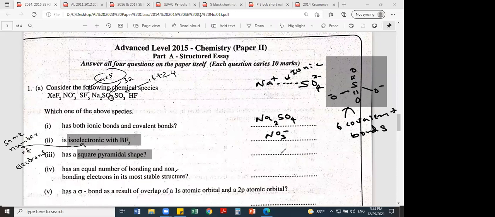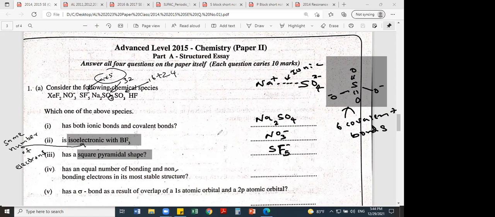Actually, this paper is easy. Remember, the last few years A-level papers are much easier than before 2015. After 2015, inorganic and organic chemistry are not that hard, but physical has become a little difficult.